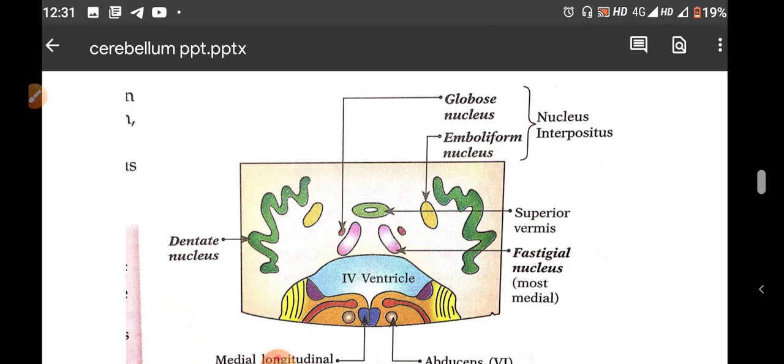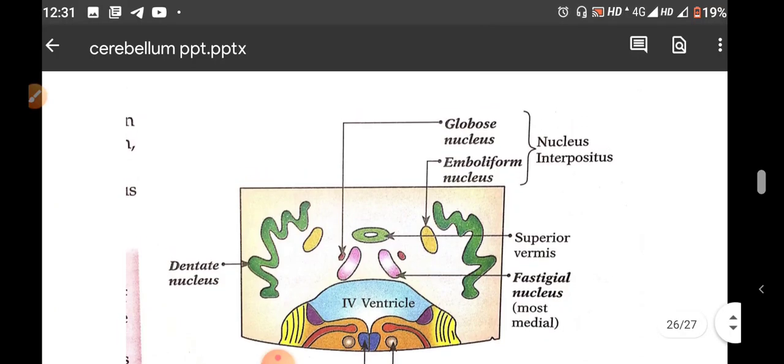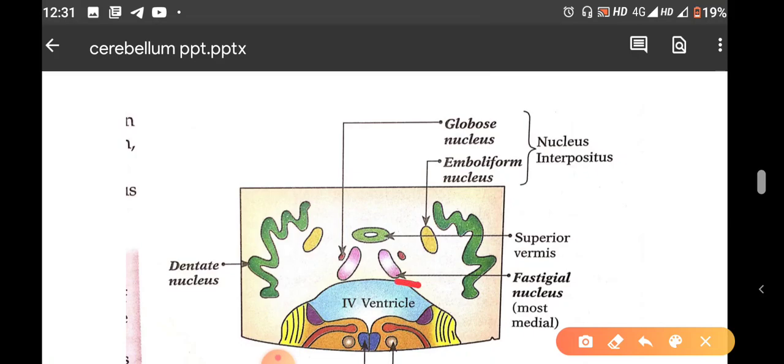Medially is the fastigial nucleus. It is nearly spherical and lies close to the midline, just over the roof of the fourth ventricle. So this is the fourth ventricle, and over its roof the fastigial nucleus is present.